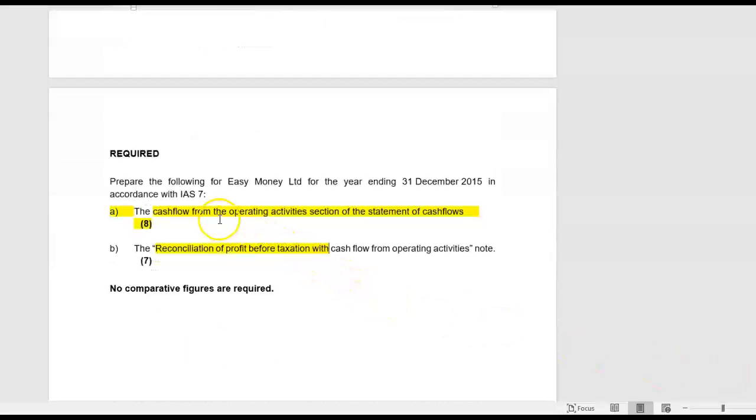Guys, I will add here that they actually did imply that, because you have to do the direct method if they ask the reconciliation note. If they do not ask a reconciliation note, then it can be either one of the two. But because they've asked a reconciliation note, they imply that you have to follow the direct method.